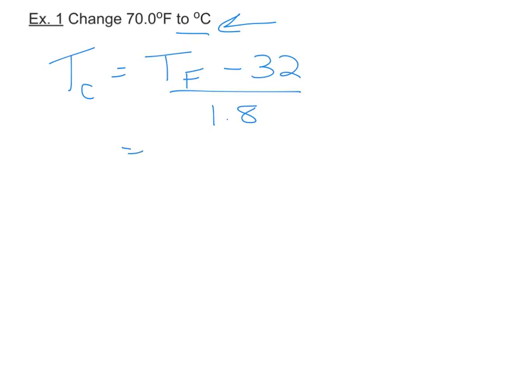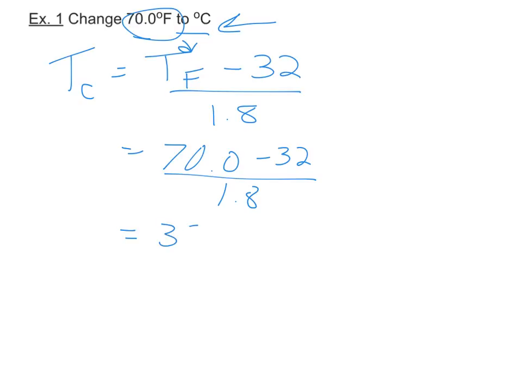Now we're given our Fahrenheit temperature, so we just plug that in for TF, and that becomes 70.0 minus 32 over 1.8, and then 70 minus 32 is 38 divided by 1.8, which gives us 21.1 repeating.